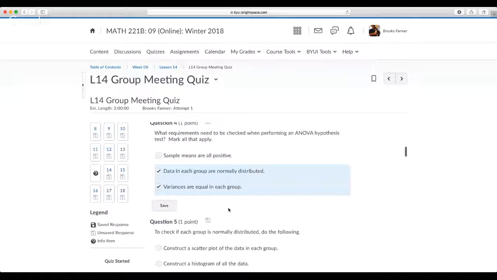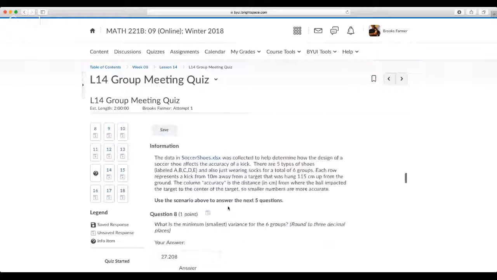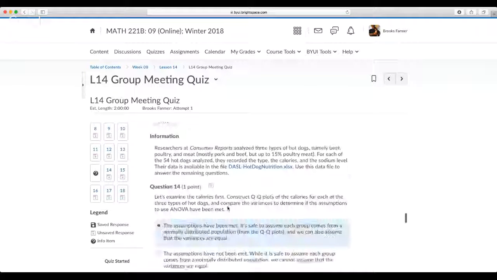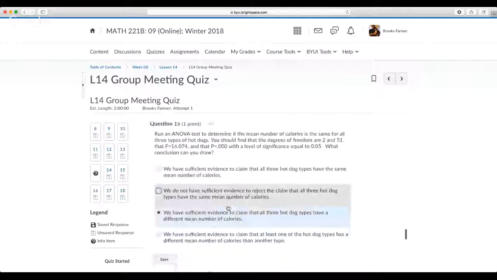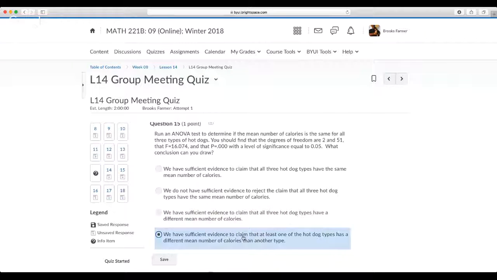The only other problem we have is 15. Let me pull it up. Because it's D, not C. We have sufficient evidence to claim that at least one of the hot dog types has a different mean number of calories than another type. Not all three of them. Yeah, that makes sense. Why just one?